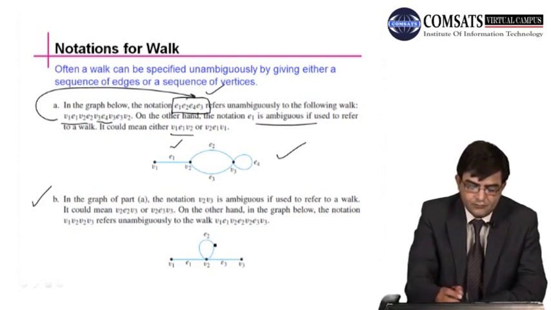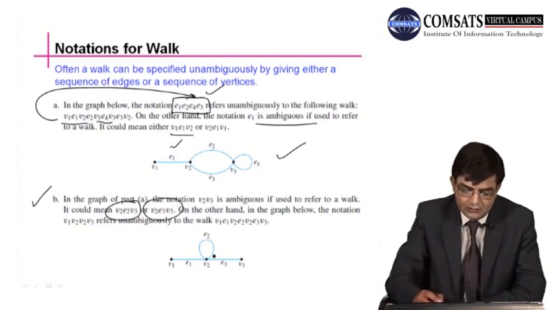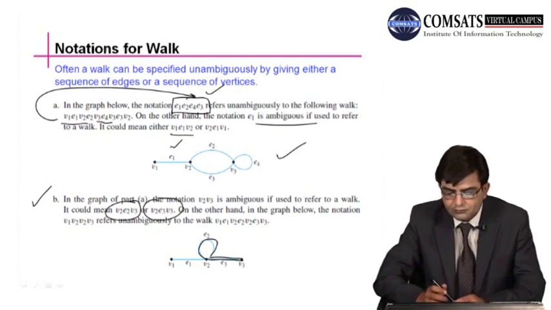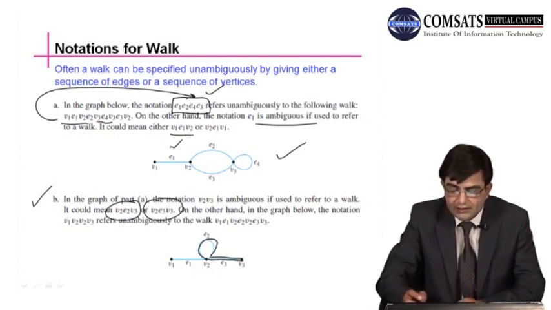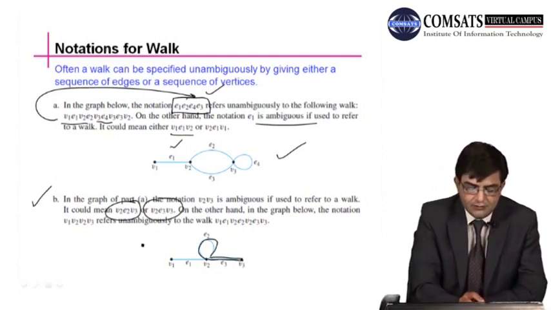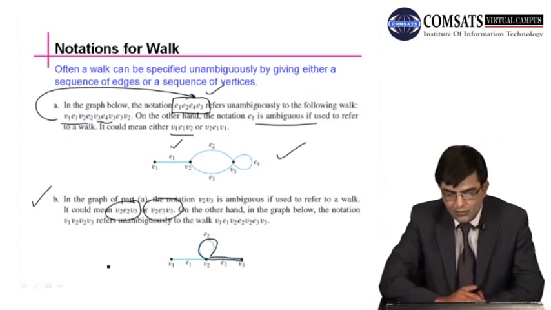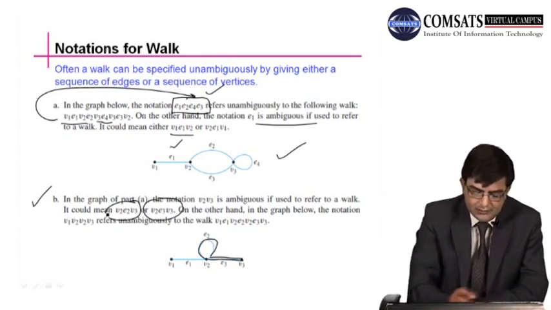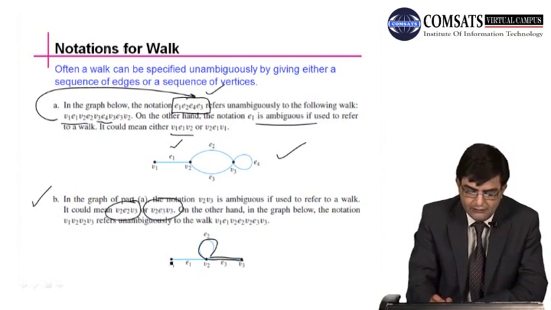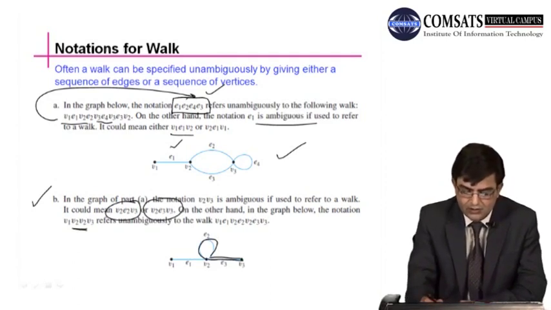So there is confusion whether it's this walk or this walk. On the other hand, in the graph below, the notation v1, v2, v2, v3: what does it mean? v2, v2 means there must be a loop here. That's why we write this vertex 2 times, and then v3.